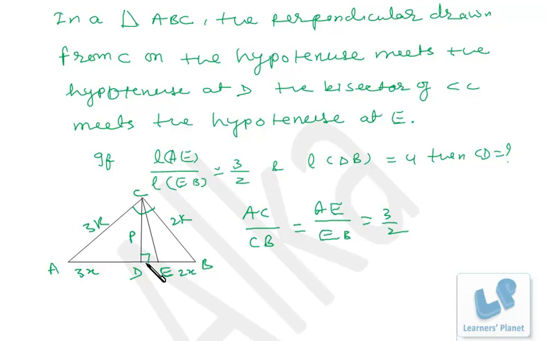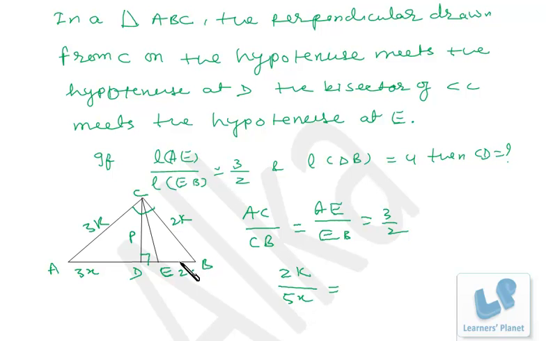Now here I'm just putting the sides in proportion. Triangle ACB is similar to triangle CDB. So this is the bigger triangle and this is the smaller triangle. How would I take the sides in proportion? In the smaller triangle, the side opposite to 90 degrees is 2K. In the bigger triangle, the side opposite to 90 degrees is 5x.